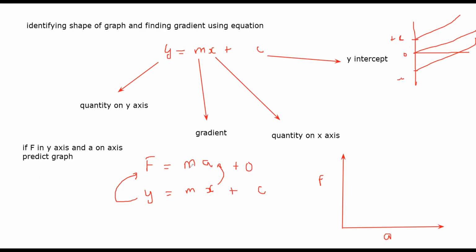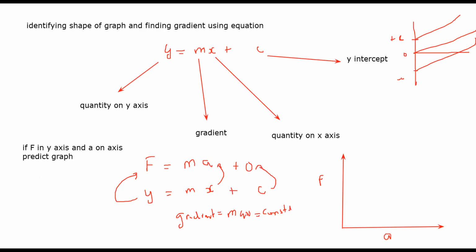In this example, because the equation is F = ma, there is no addition of a constant, so the y-intercept is zero. And the gradient is equal to mass, and we know the mass of an object is constant. So if mass is constant, the gradient is constant as well.